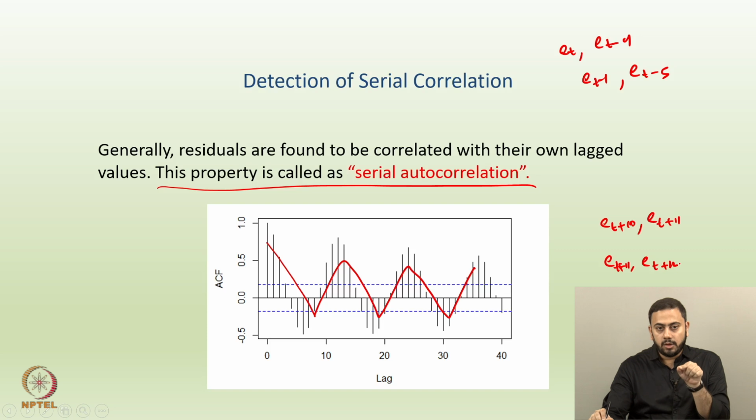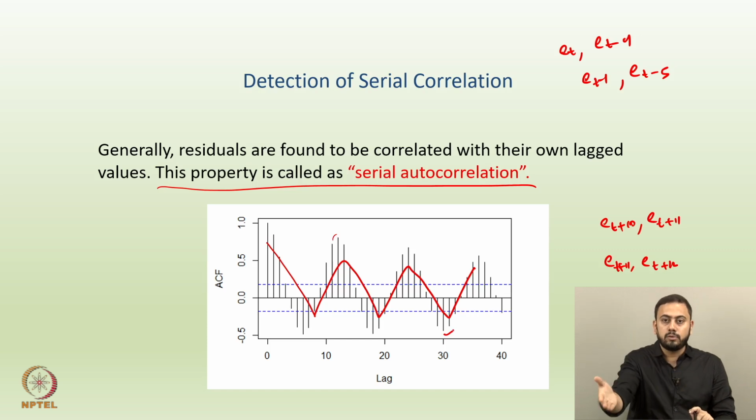So, if you look at any two consecutive correlations of errors, right, can't you see that both the correlations are on the same side of 0? So, for example, here if you take any consecutive correlations, these are positive, or here if you take any consecutive correlations, these are negative, which means that the current error and the one error in history or in the future are correlated, isn't it.